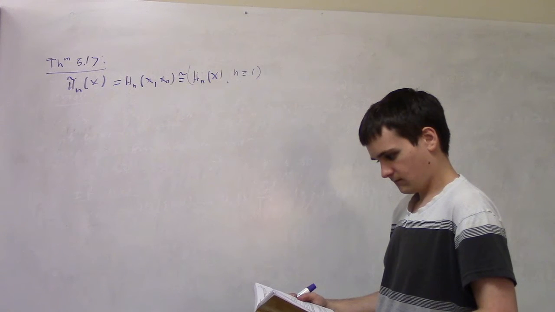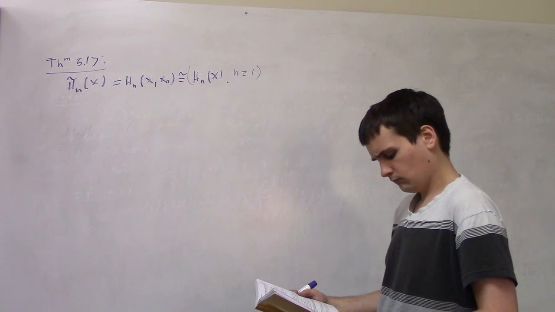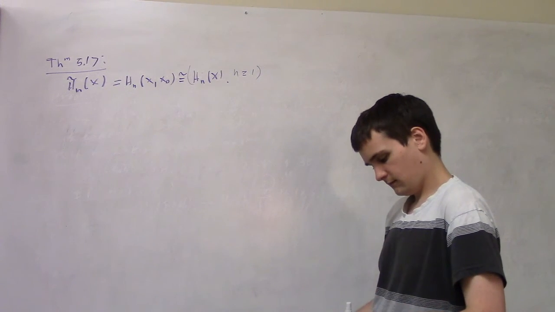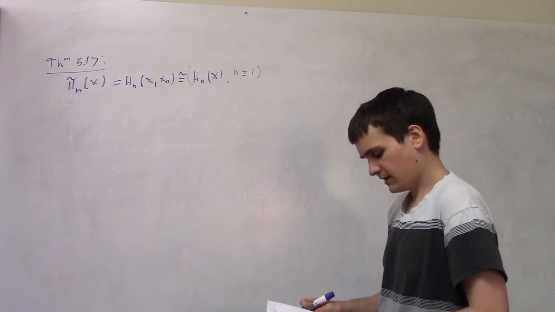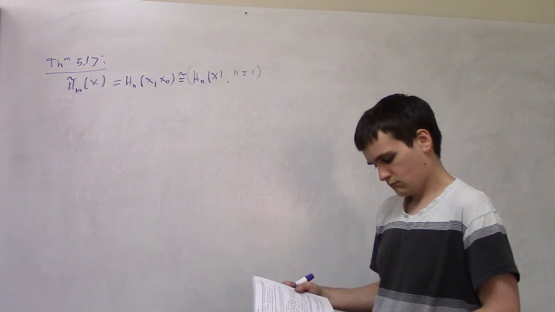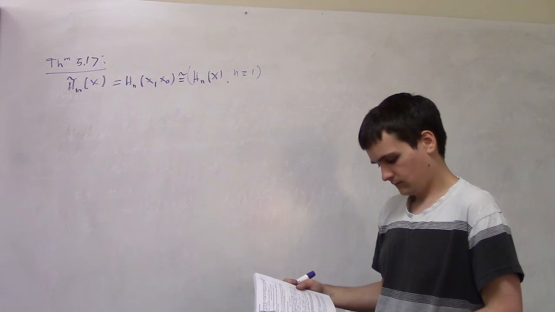Most of his proof here is about n equals 0. The part you put in parentheses is what he uses for n greater than or equal to 1, since it's the same complex. Yeah, that makes sense.